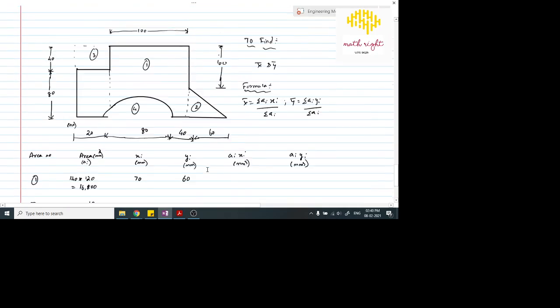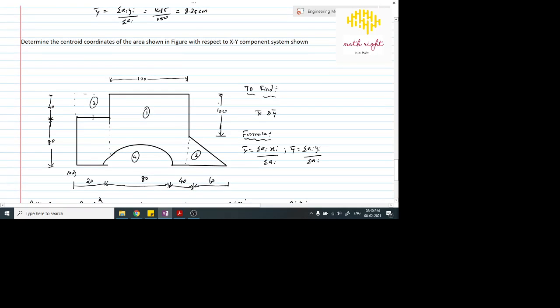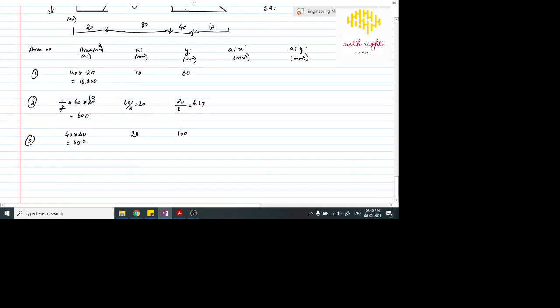For this rectangle the center is 20, but from the origin it is located at 80 plus 20, which is 100. Another thing to note is that we want to subtract this area, so add a minus sign here.